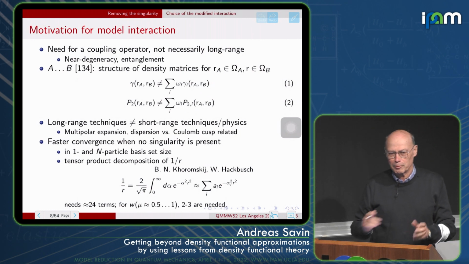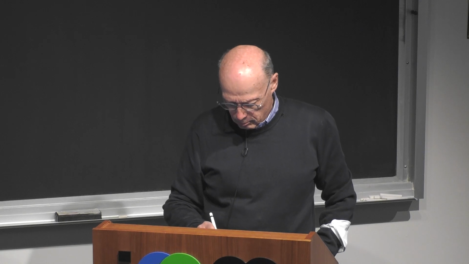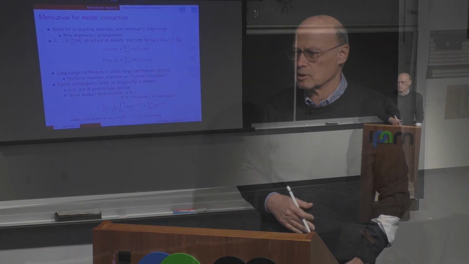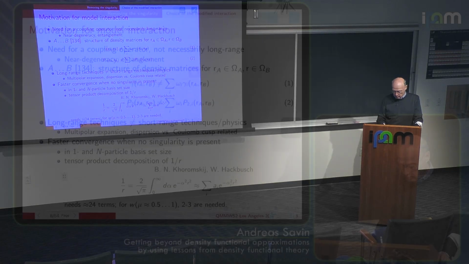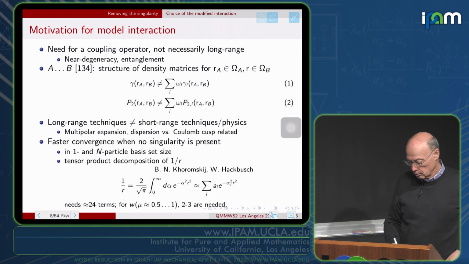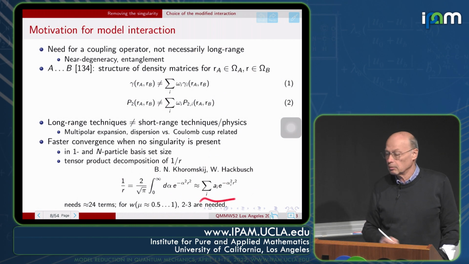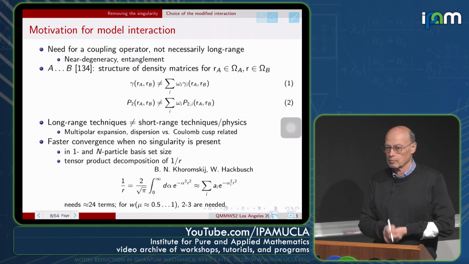To give an example for mathematicians, a few years ago there was a mathematics chemistry workshop in Roscoff, and Boris Khoromskij presented something. I think he did it together with Hackbusch. He wanted a tensor product decomposition, and he said, you use this identity: 1 over R is an integral over Gaussians, and you make a simple trapezoidal approximation, and you can express it quite well with 24 terms.